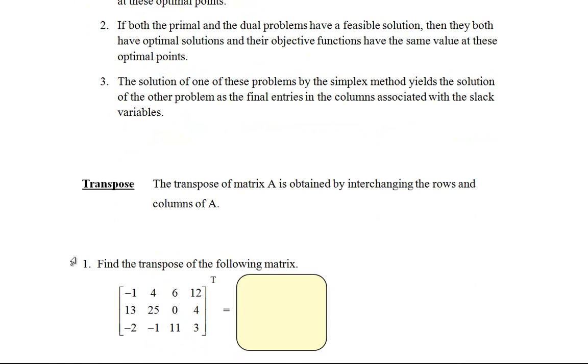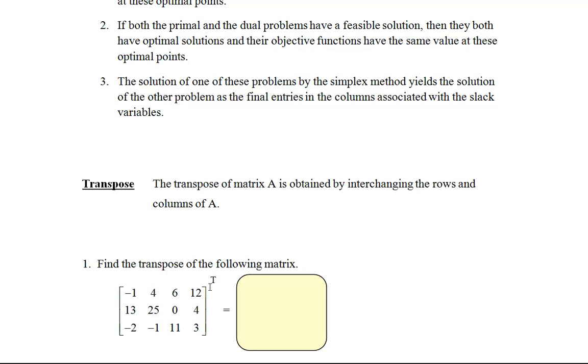First thing we've got to know about is what's called a transpose. The transpose of a matrix is obtained by interchanging rows and columns of that particular matrix. So in the next little example, it says find the transpose of the following matrix. The transpose is indicated by T. It looks like an exponent.